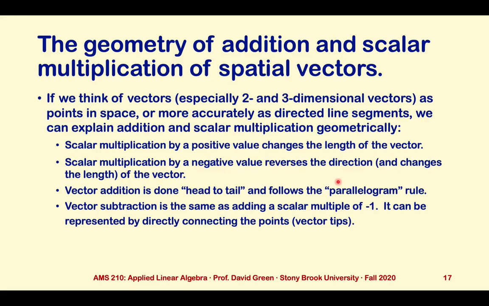If we think of them this way, we can explain addition and scalar multiplication geometrically. Scalar multiplication by a positive value takes a spatial vector and changes its length without changing the direction in which it points. Scalar multiplication by a negative value completely reverses the direction that the spatial vector points and, if it's not multiplication by -1, also changes the length.